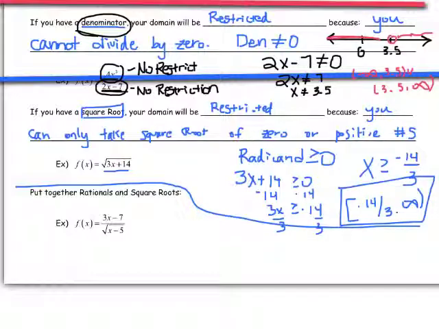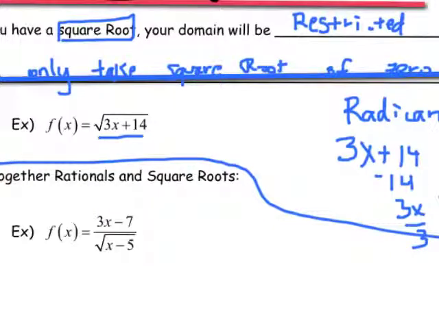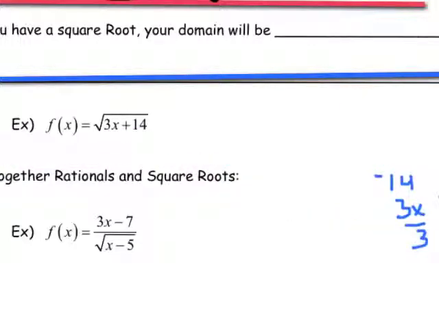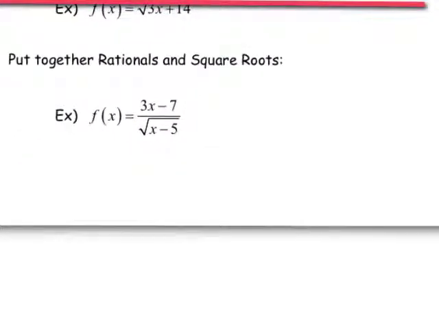All right, now let's do the last one. All right, so the last one. If we put together rationals and square roots, what happens?